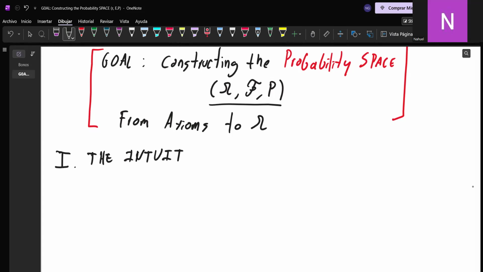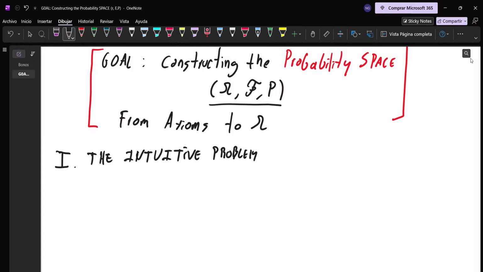Before any formalisms, we face a basic question. Given a random phenomenon, how do we rigorously assign numbers, called probabilities, to events? Okay, this is the problem.